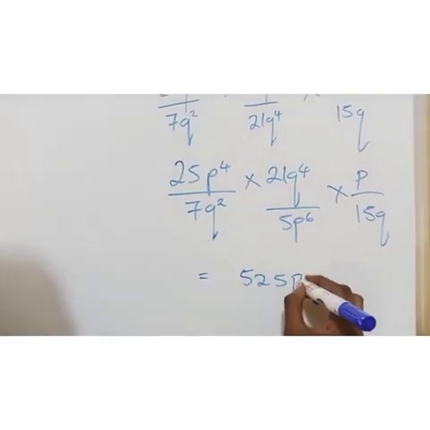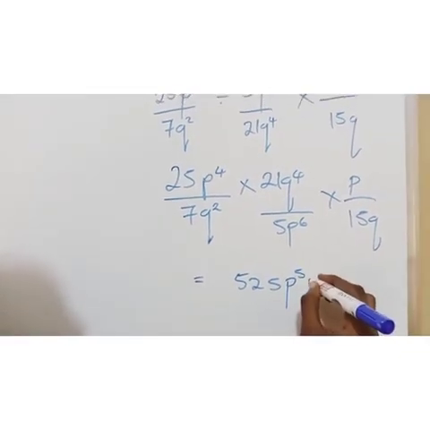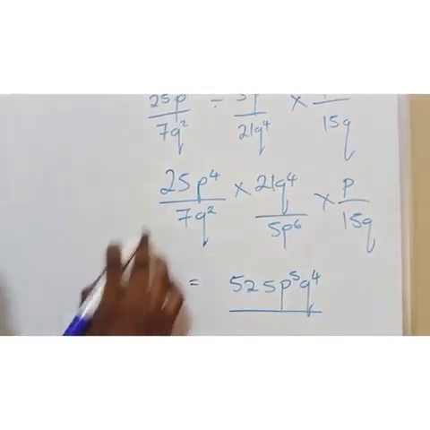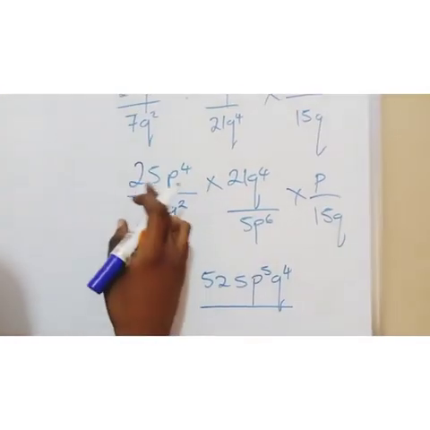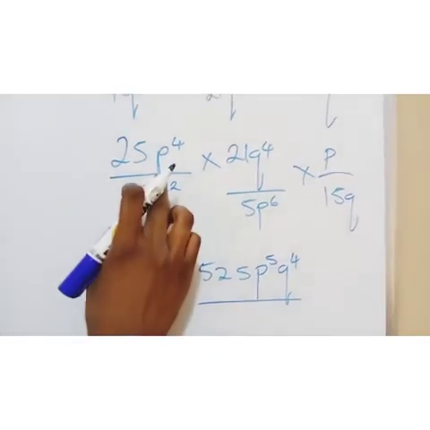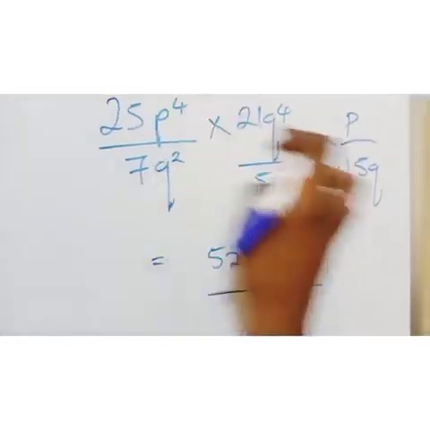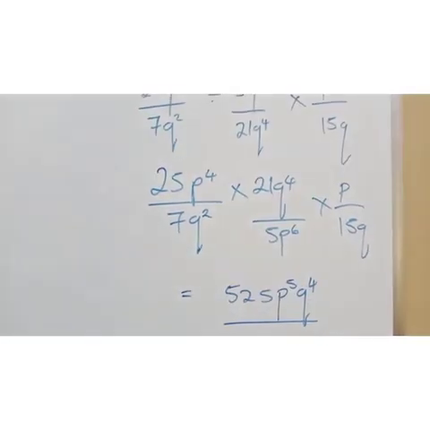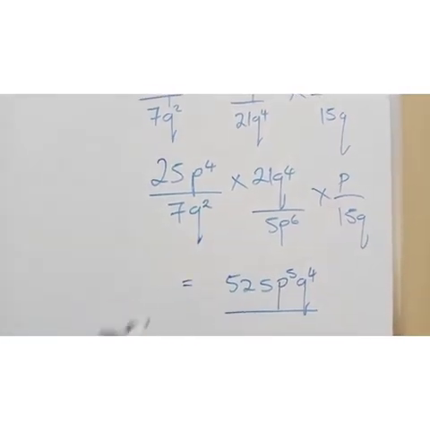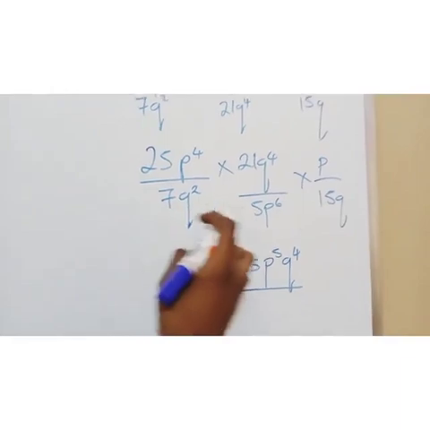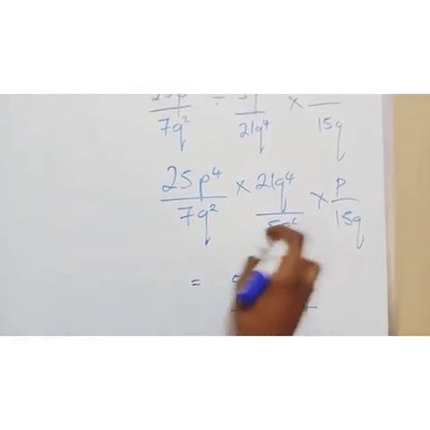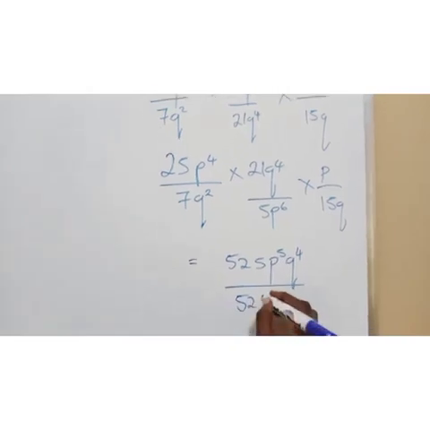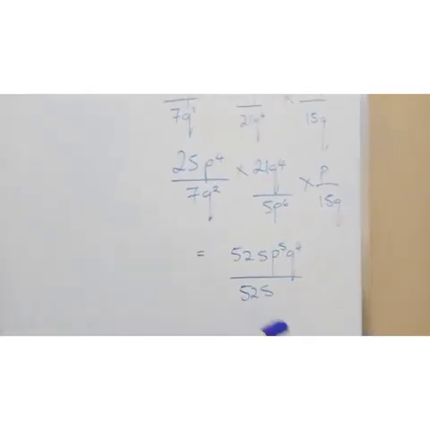So you have p to the power 5, then you have q to the power 4. That's what I like doing, you just do it directly. Then we go down here: we have 7 times 5 times 15. This will give us 525. You can use a calculator, it's paper 2.